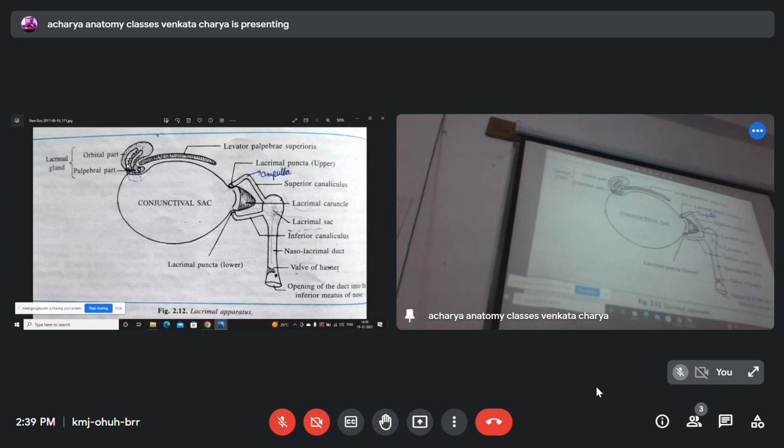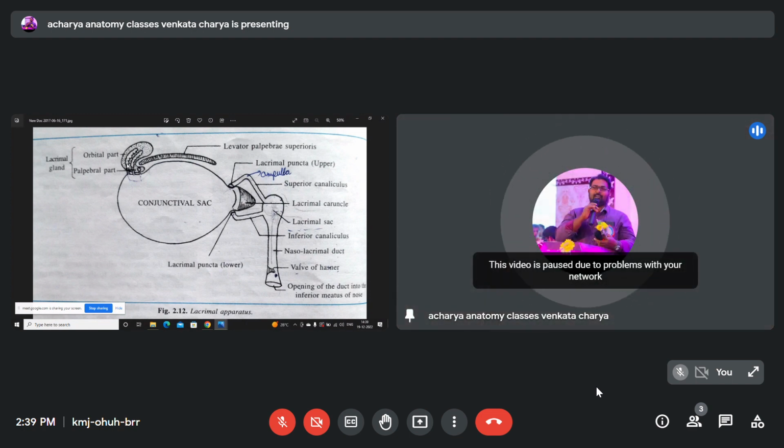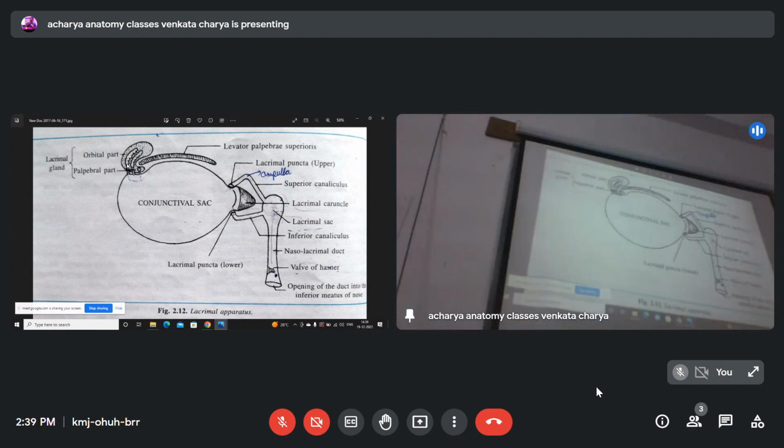Next point: these lacrimal puncta are communications between the conjunctival sac and the superior and inferior canaliculus. Are you getting it?